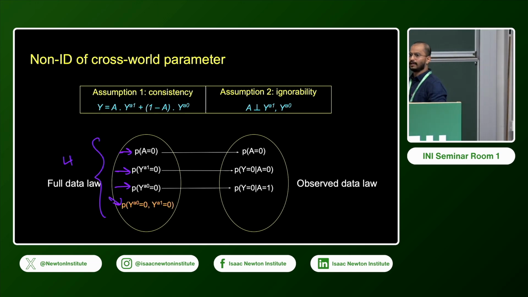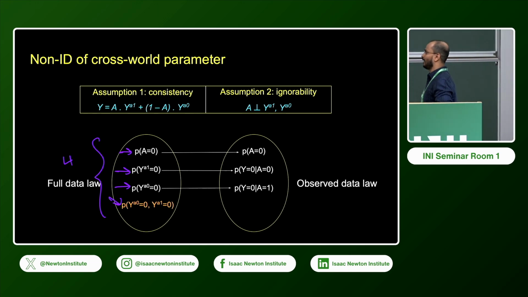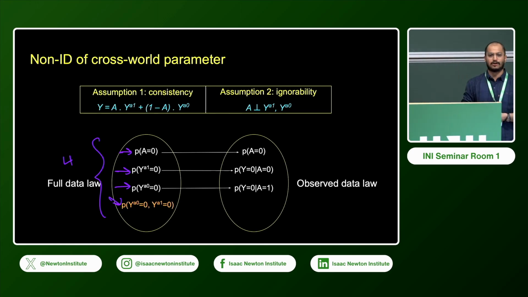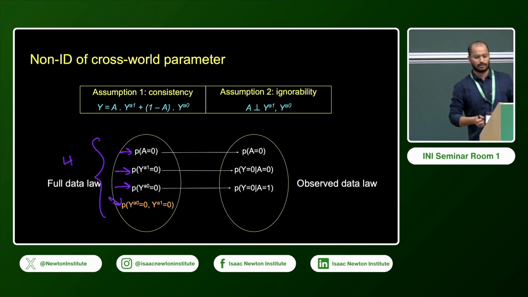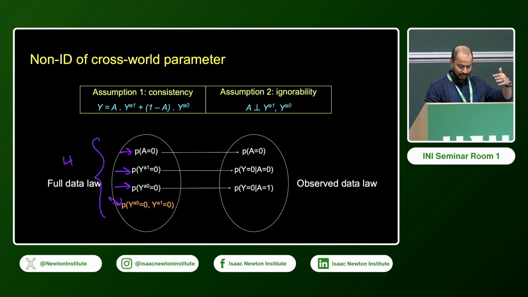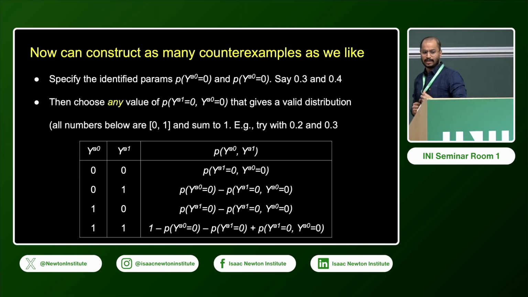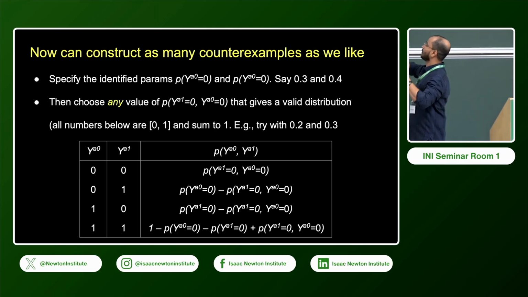And not only that, it allows me to introduce, as Ilya was just calling it, a dense set of counterexamples. So rather than having that specific counterexample where I was using the XOR operator, here's how it would work. So I specify the margins.